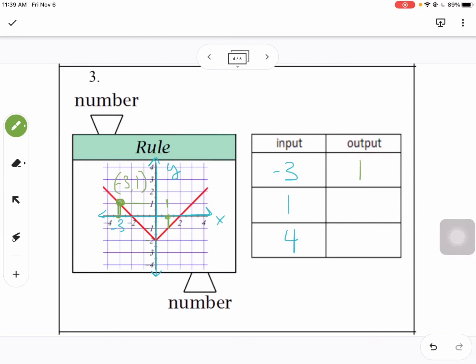This time I have to go down to reach my function, which is this red line. This point is at 1, -1. So for my input 1, my output is -1.